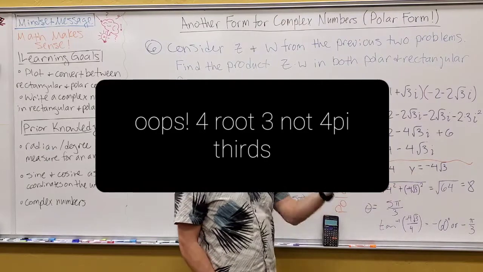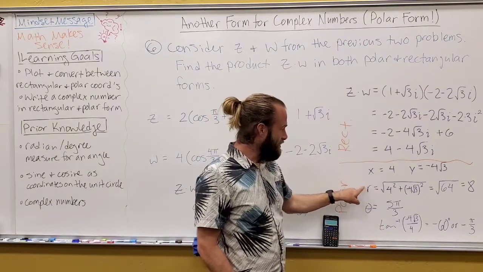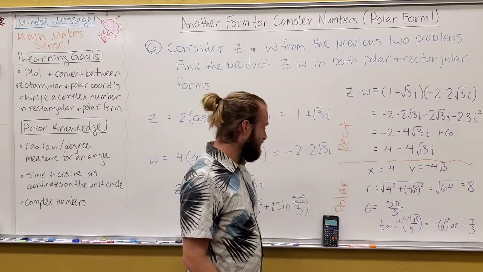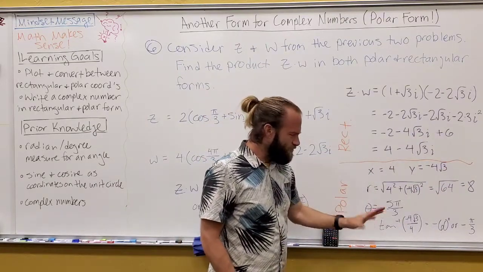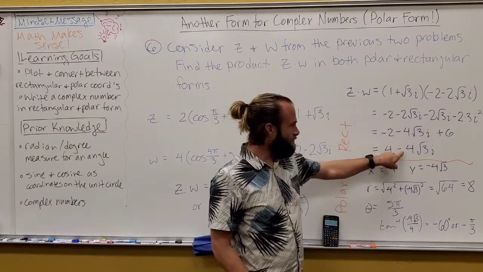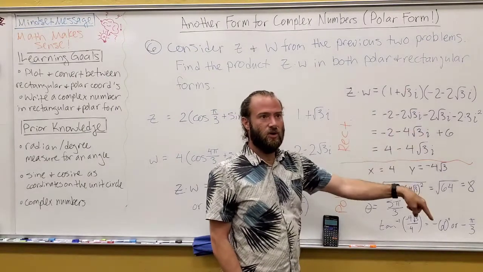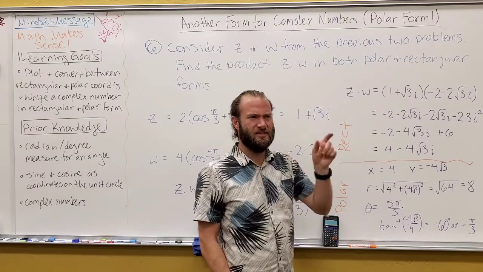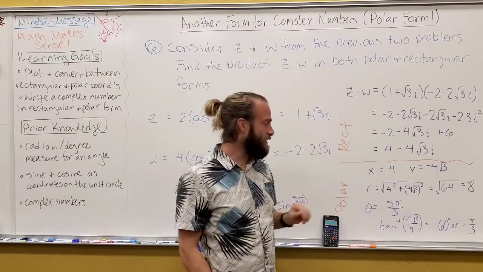And if I just put those into my conversions that we talked about, then r simplifies and becomes exactly 8. And then the theta, this one's tricky because remember, this complex number here is in quadrant 4. So we've seen that we need to subtract from 360, but in this case we're in radians, so 2 pi.